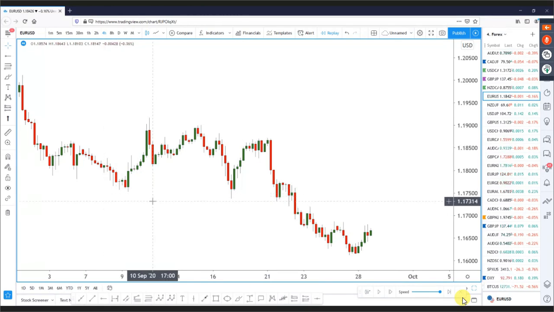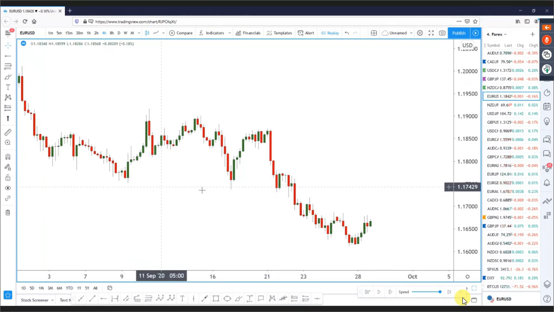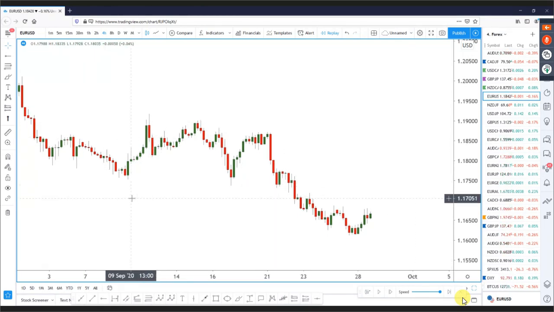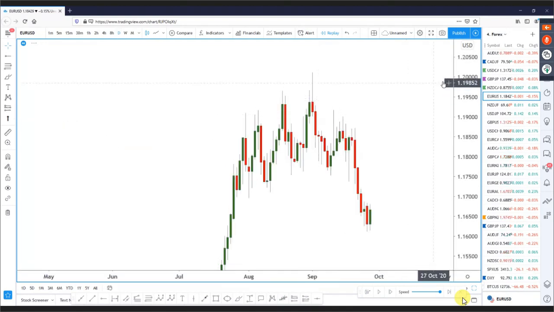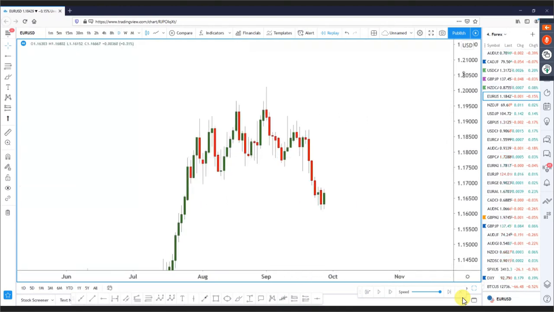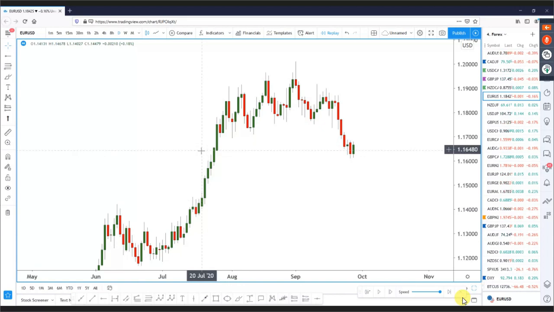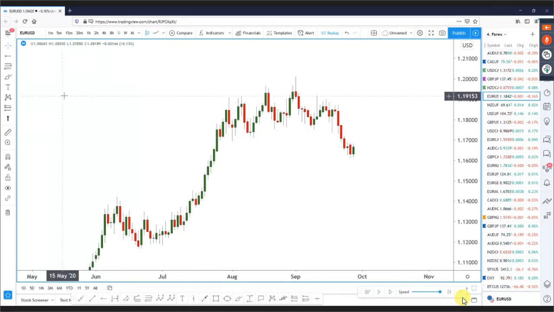So for me, depending on your own trading strategy, for example, how many times you can check the chart in a day will determine what time frame is best suited for you. So in the past, when I can only check the chart once a day for my old job, I was using the daily candle, daily time frame.